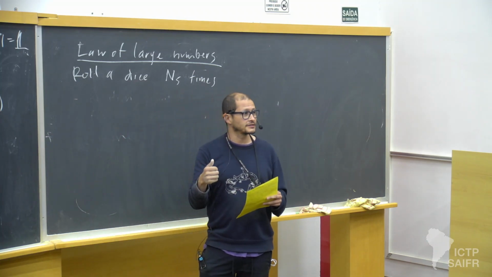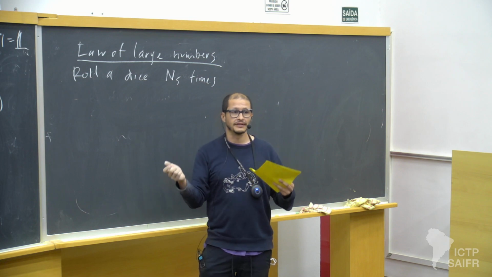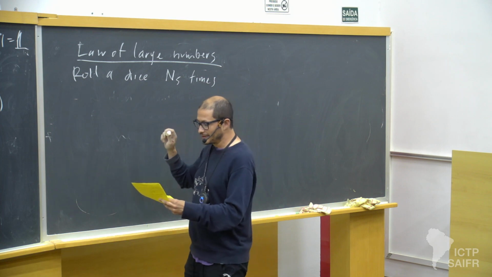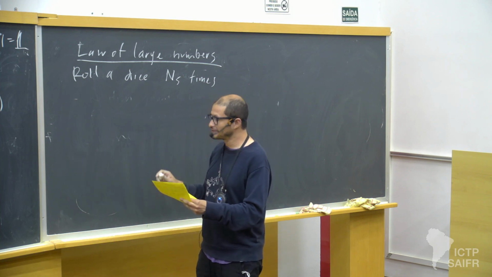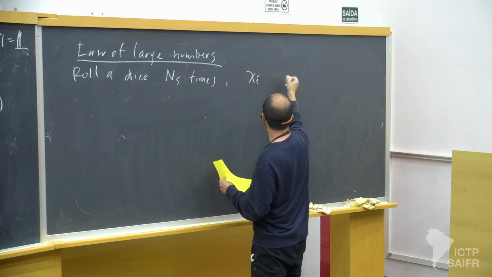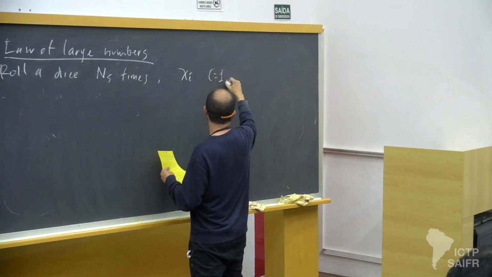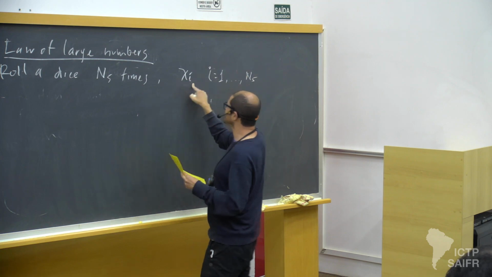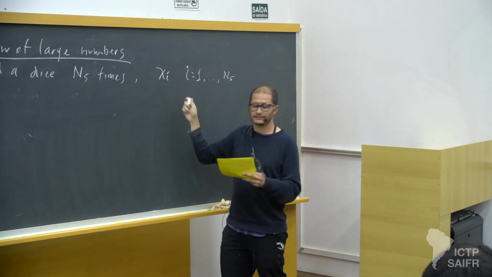Sometimes you'll get a 1, sometimes a 2, a 6, a 3, a 4, a 5, a 1, a 2, and so on. You get outcomes xi, where i is 1 through ns. So these are the outcomes.